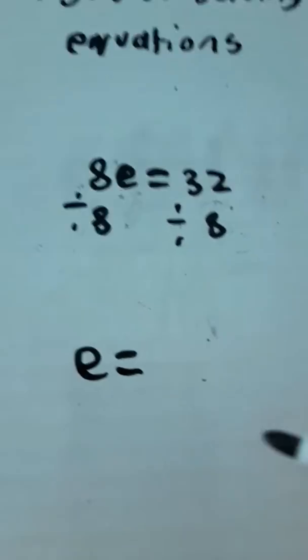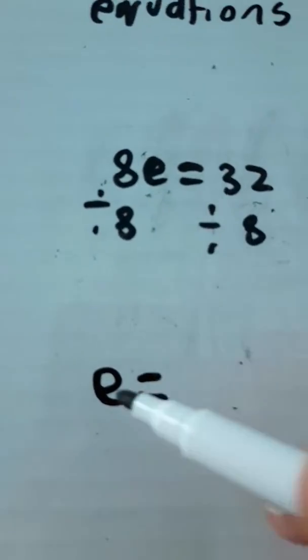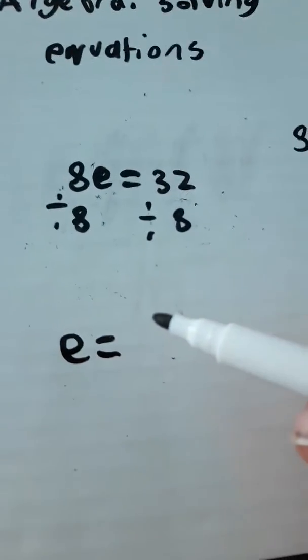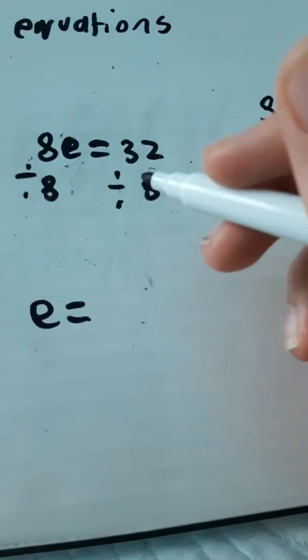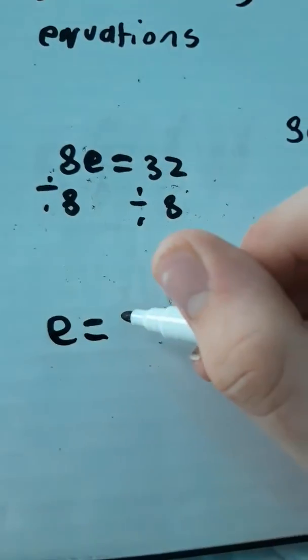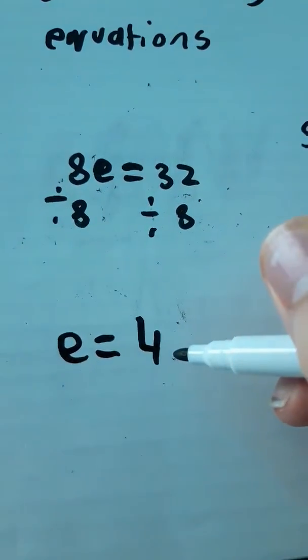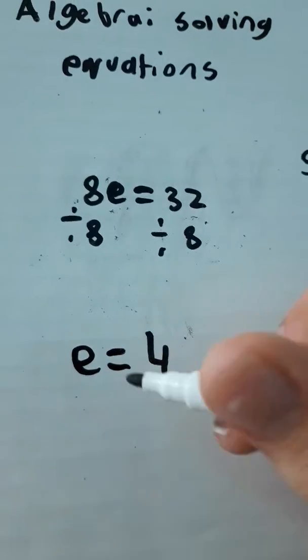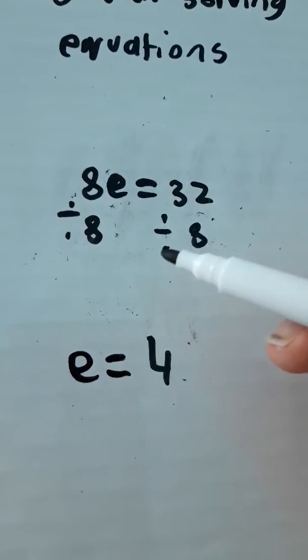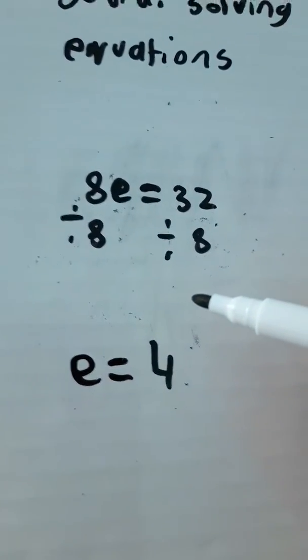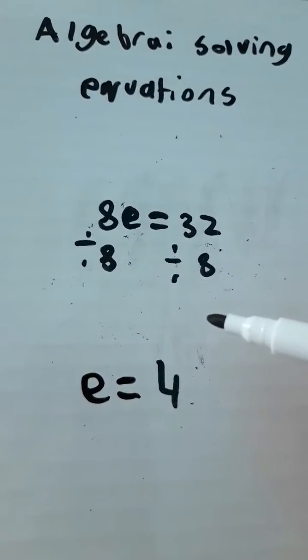It'd still be correct, but it's better off just leaving it as e, as it is a more simple form. And 32 divided by 8 is 4. So there's your answer: e equals 4, since 4 times 8 is 32. Let's look at another one.